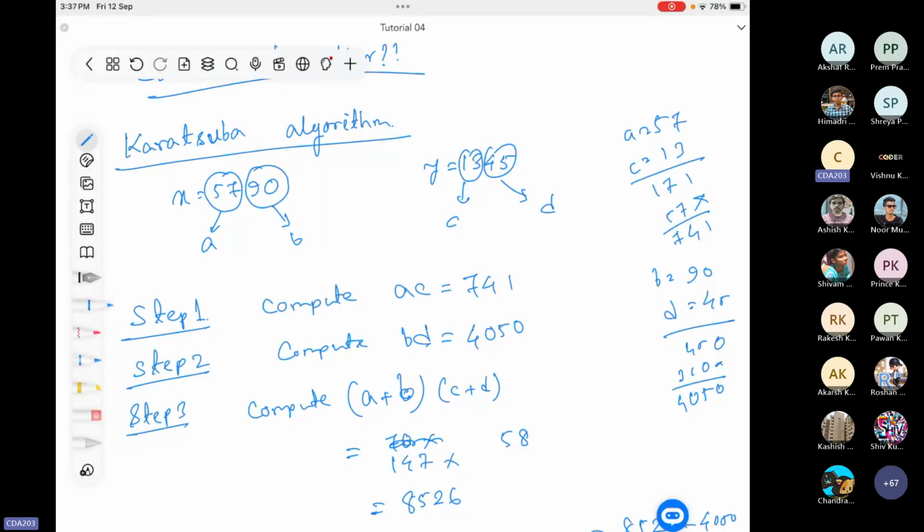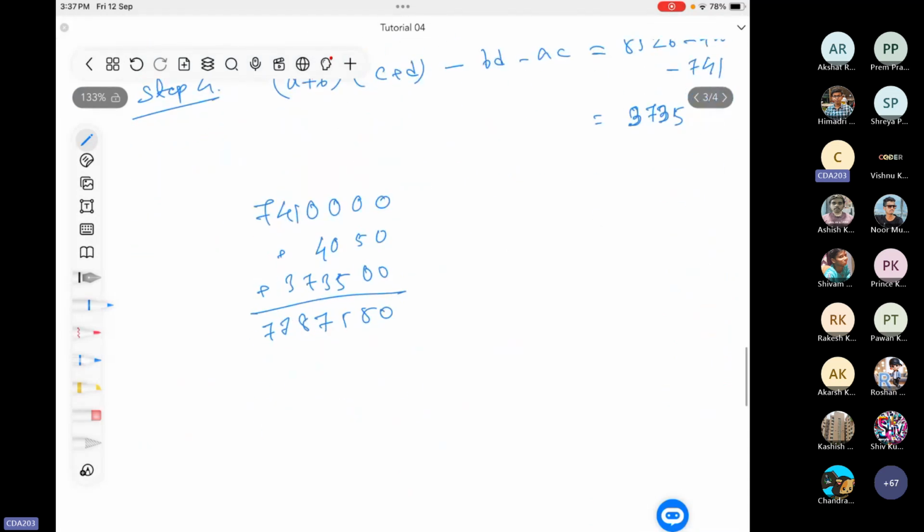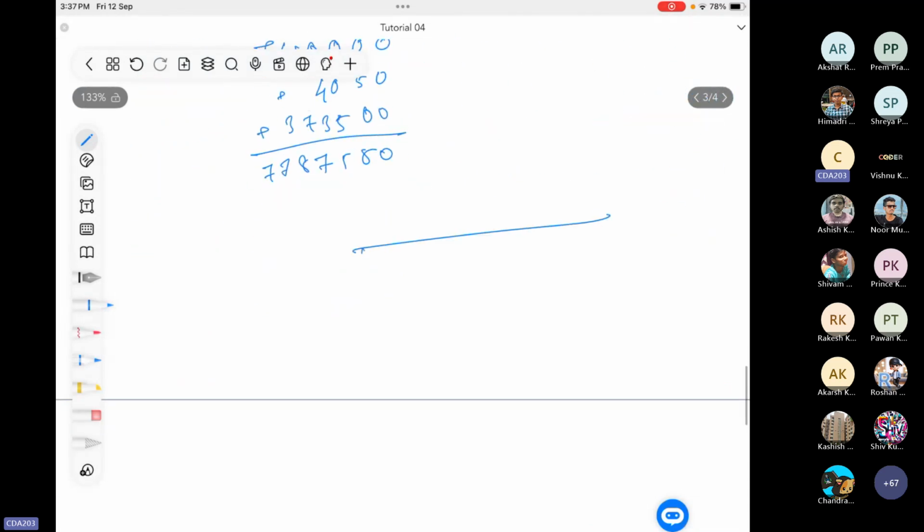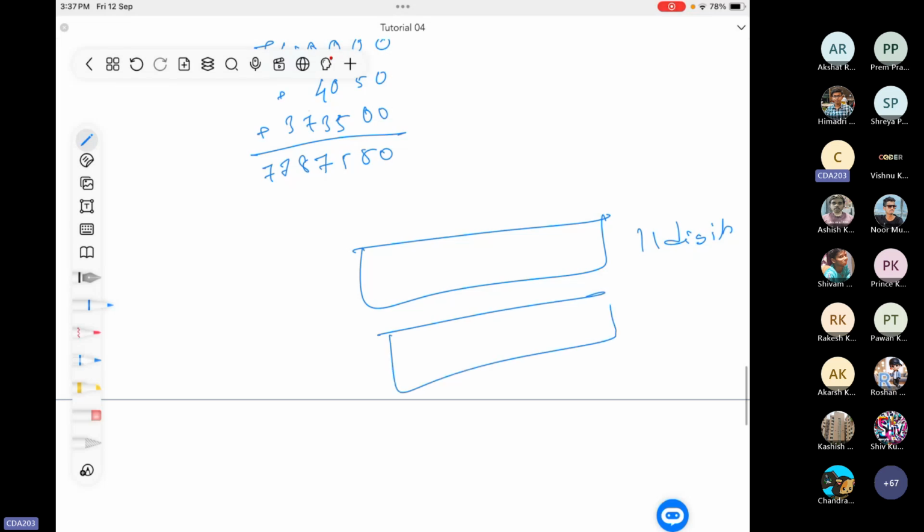So for example, suppose you have two numbers of 11 digits. Then you divide one into parts, this part is, let's say 6, this is 5, and this part is 6, and this is 5. And let me name them part 1, part 2, part 3, part 4.